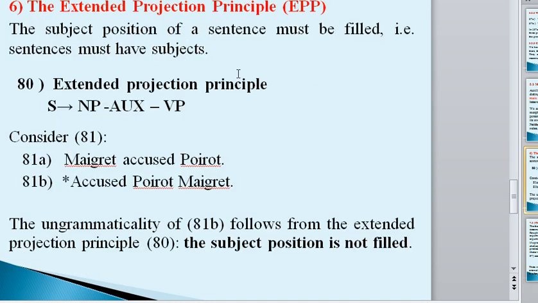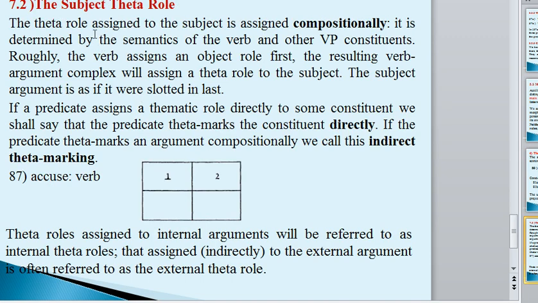Then we talked about the Extended Projection Principle, EPP, which means that each sentence should have a subject. And at last we talked about the subject theta role process. As you know, the verb compositionally assigns the theta role to the subject, but directly assigns the theta role to the direct object.